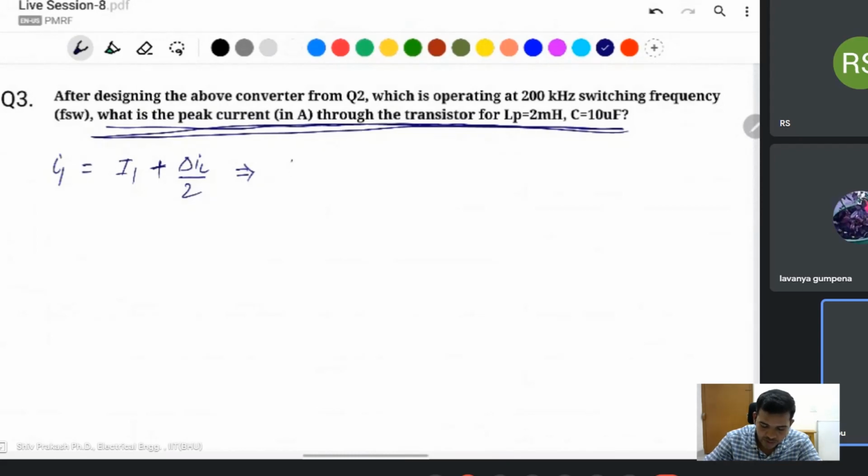This average current we calculated as 1.67, and delta IL is 150 divided by 2.4.